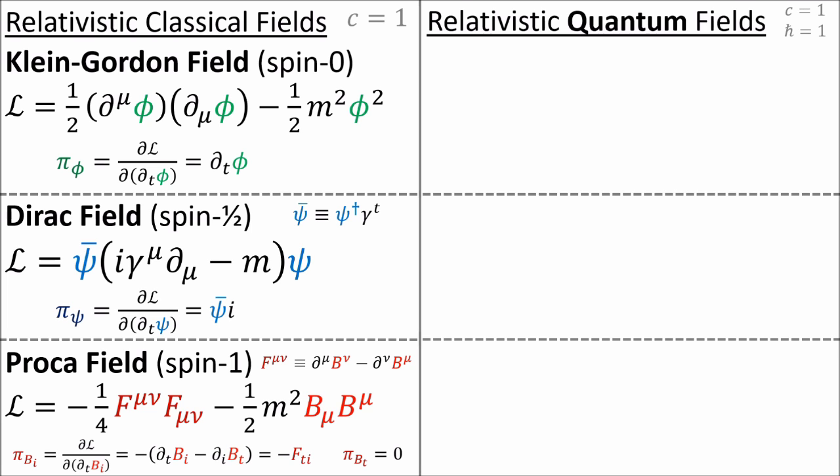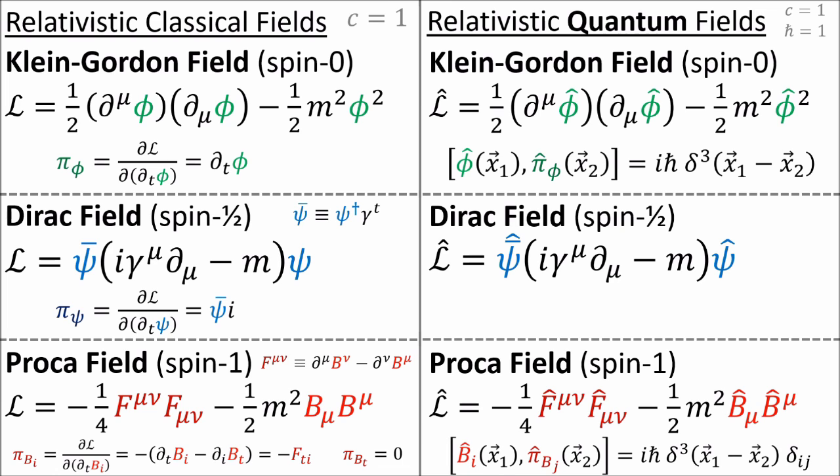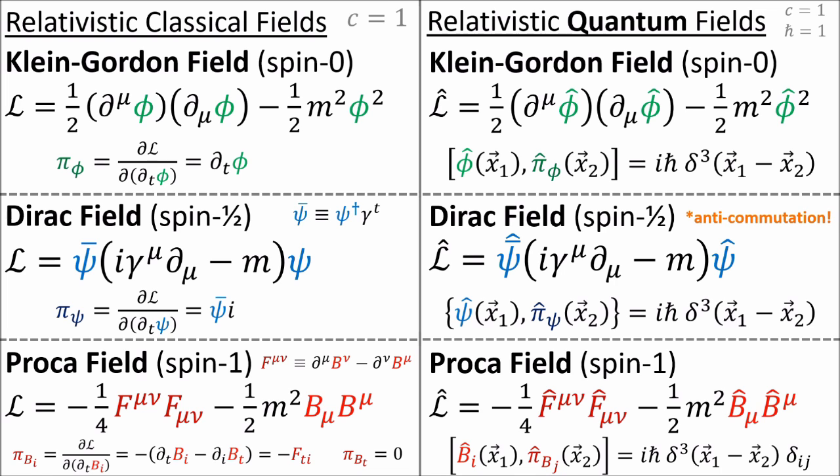Now, if we want to quantize these fields, we can take the field and field momentum variables and impose the quantization condition, which forces the fields and field momenta to obey commutation relations, or anti-commutation relations in the case of the Dirac equation. After quantization, the Lagrangian and Hamiltonian densities are now operators written in terms of the field operators.